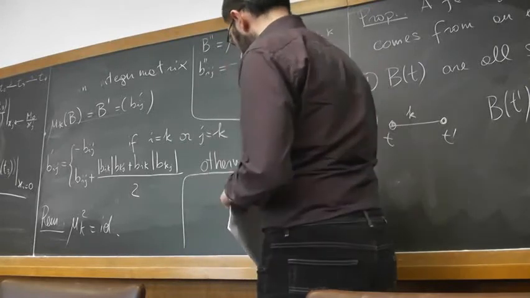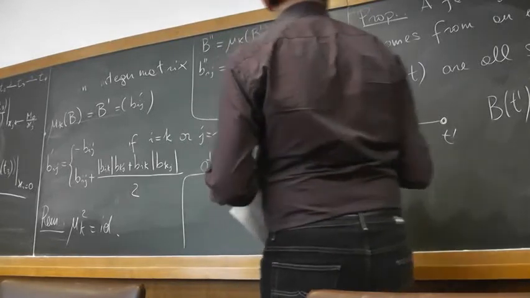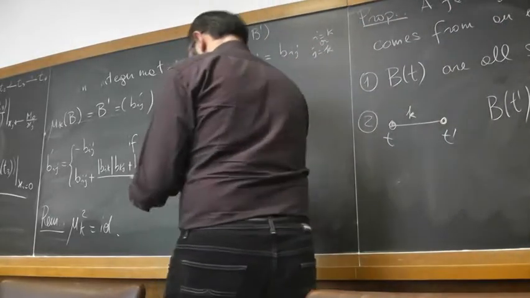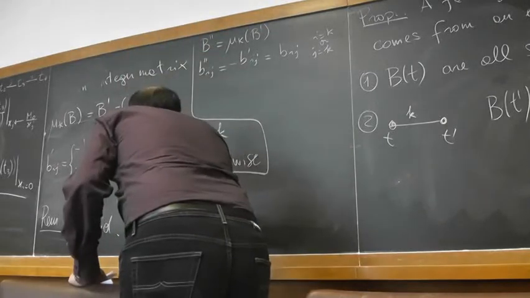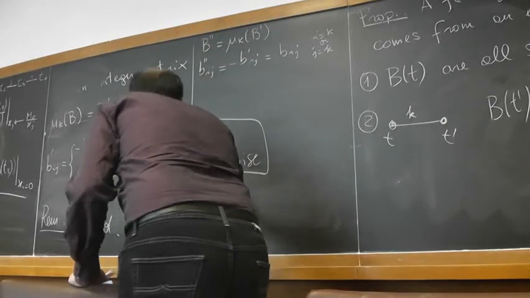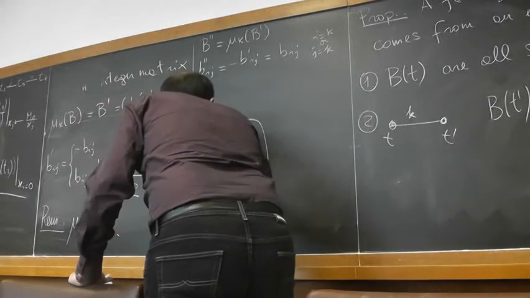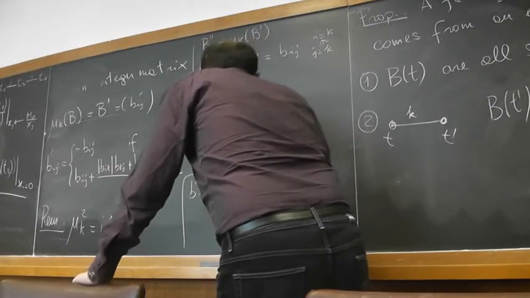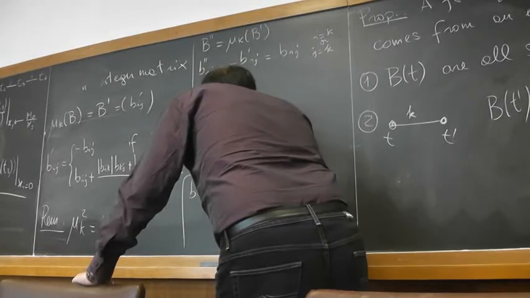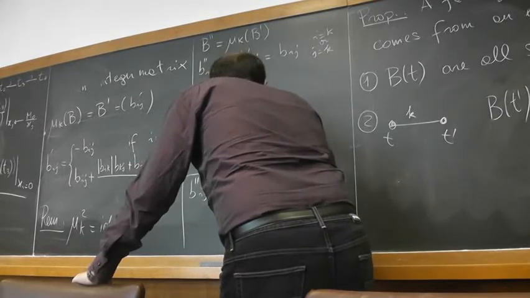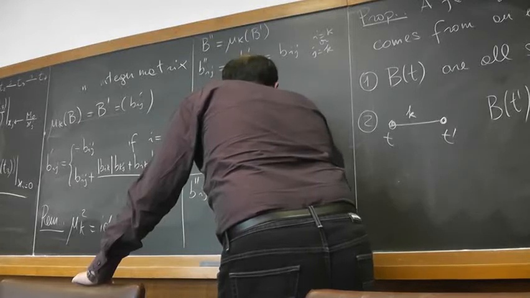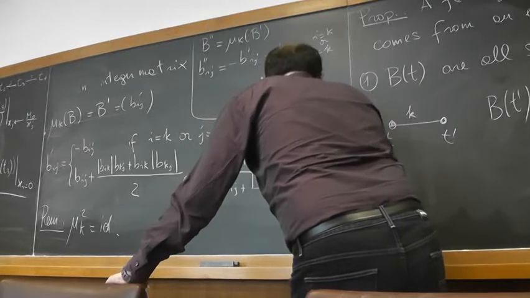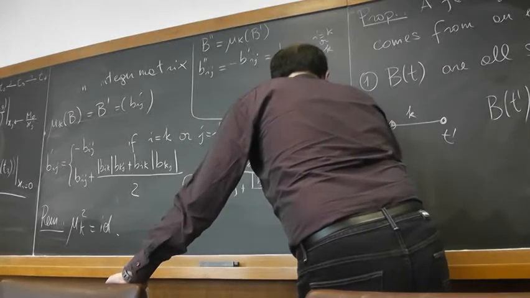So let's see the other case. B double prime ij is B prime ij plus B prime ik B prime kj plus B prime ik times the absolute value of B prime kj.